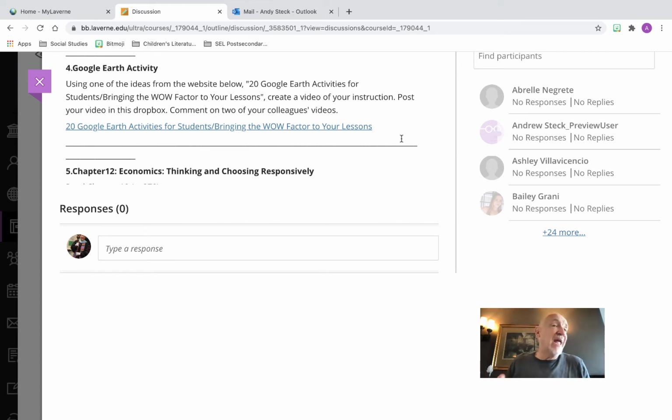You'll actually create a product or the activity, complete the activity, and then you will explain in a video to make-believe students who are around you how to go about and create the activity, how to complete the activity, and what a sample or an exemplar might look like, which is yours that you created.